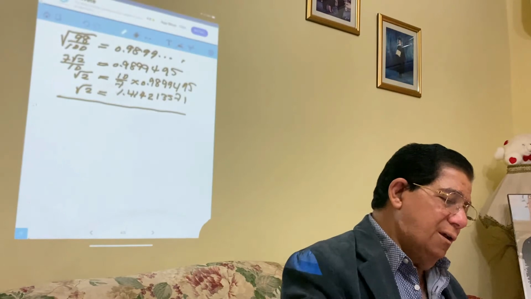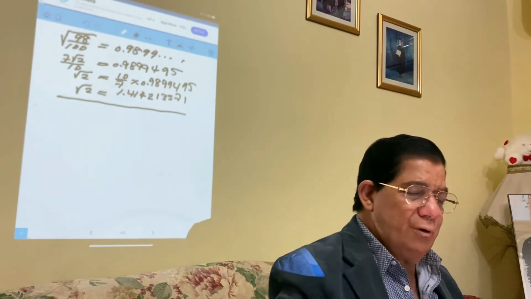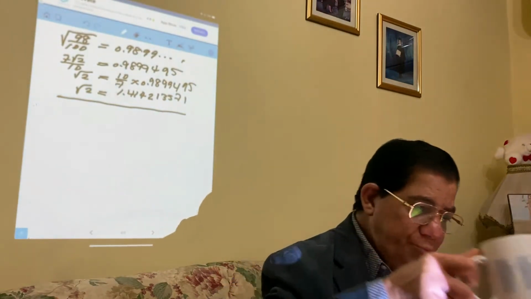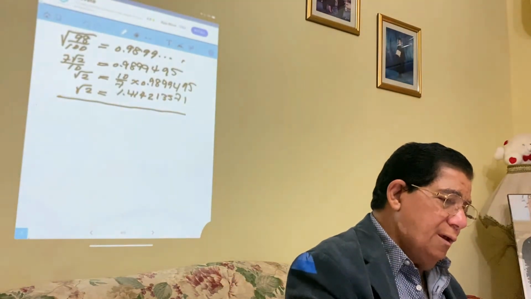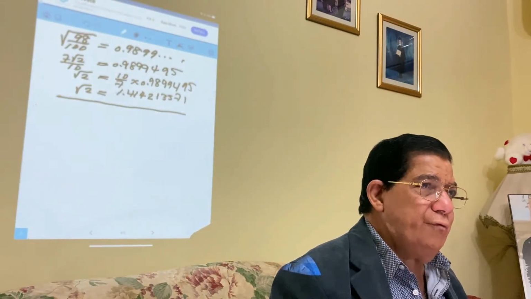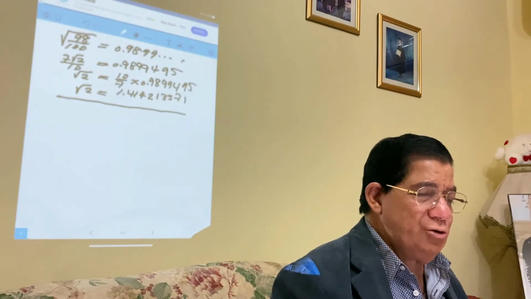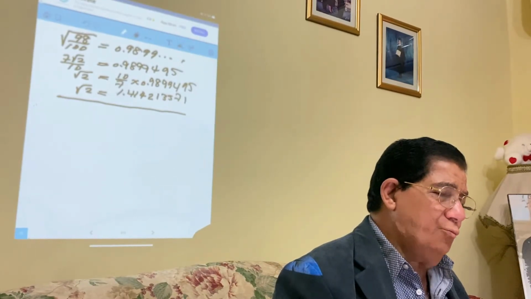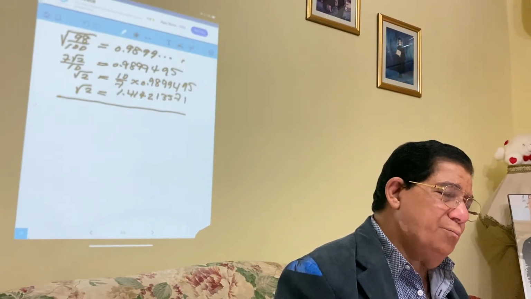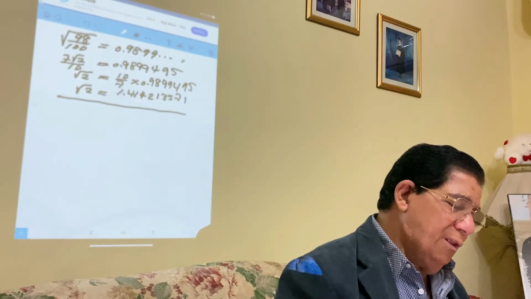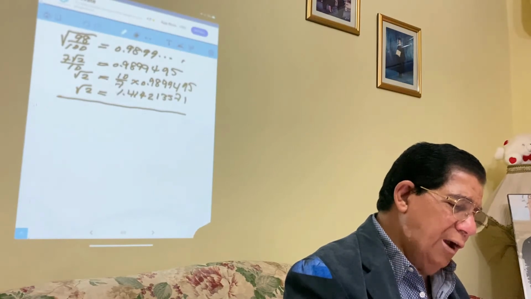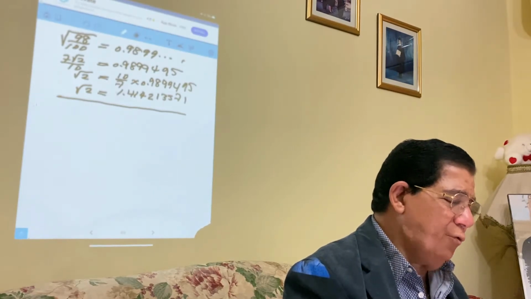This expansion, the square root of 1 minus 2x, we can get the value of the square root of 98 from. We get the value of the square root of 0.98, and the square root of 98 is 10 times that answer, which is 9.8994.